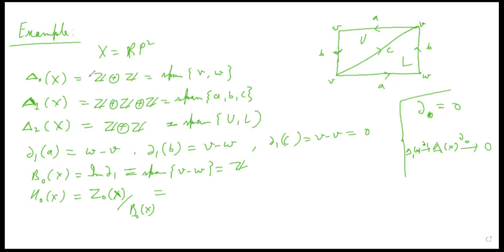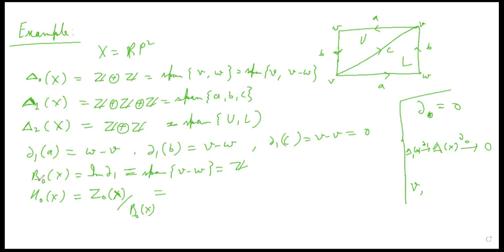So delta naught x is this, and it is spanned by v and w. Because it is spanned by v and w, we can say that this is actually span of v minus w. Okay. So we can write like this also.